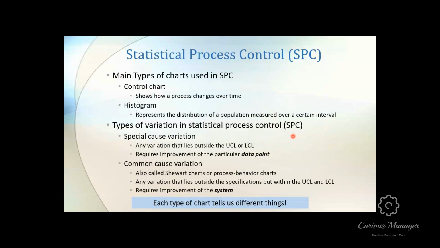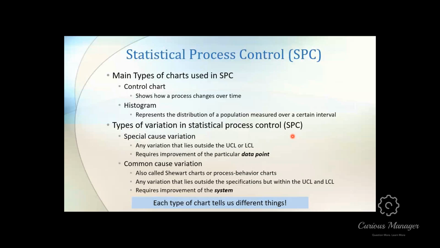So the types of variation in statistical process control, this is very important. I just mentioned these a minute ago, but I'm going to go over them again. Special cause variation is any variation that lies outside of the upper control limit or the lower control limit. The upper control limit and lower control limit is the statistical point of control in which we can safely predict that future performance will lie.